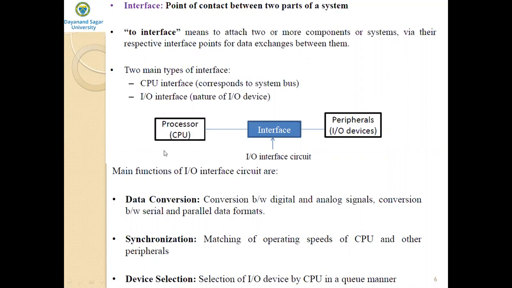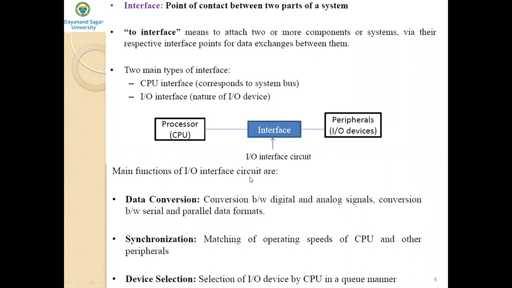So then the next question is, what are the main functions of this input and output interface circuit? The first one is data conversion. What do you mean by data conversion? Data conversion refers to conversion between digital and analog signals, and analog to digital signals. And also data conversion refers to conversion between serial and parallel data formats.